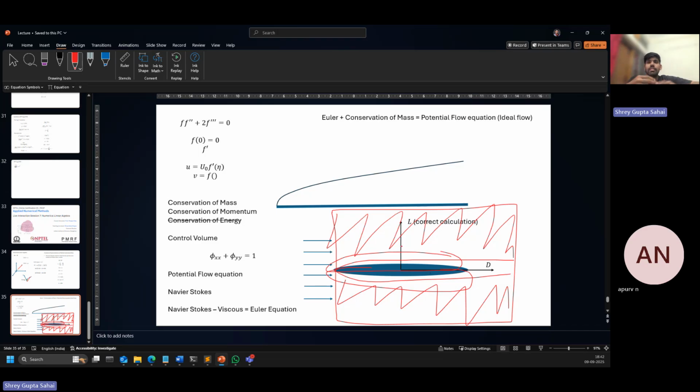At least they were aware that the velocity no-slip condition has to be met at the wall, but they also argued that in the majority of the flow, it's true that the velocity will go to zero at the surface of the wall, but there were no viscous effects. So they were not able to justify why viscous effects are that important.